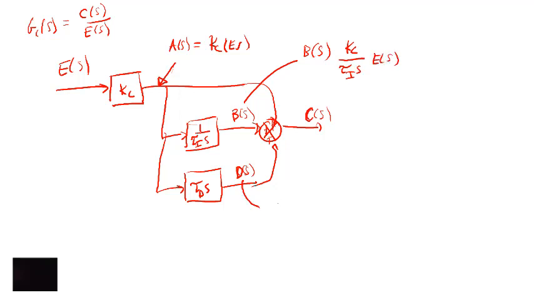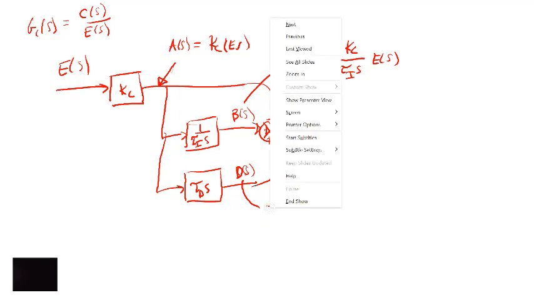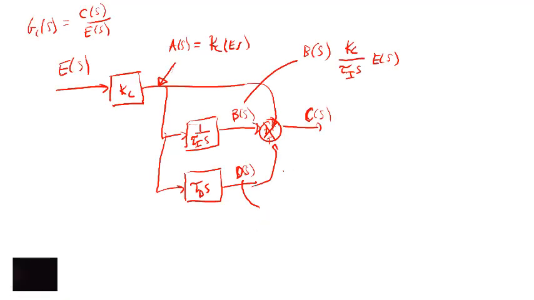And then this term D equals the same thing: this term A multiplied by this transfer function, Kc tau d s.